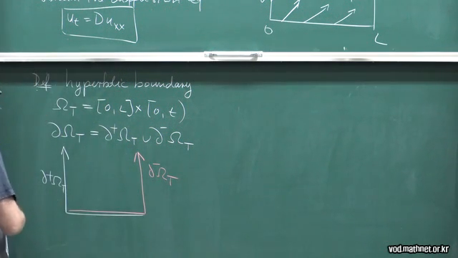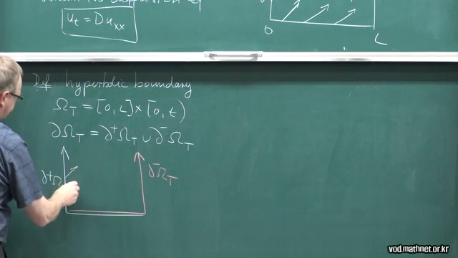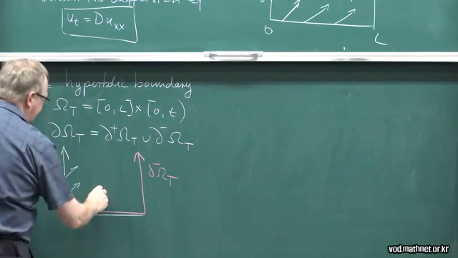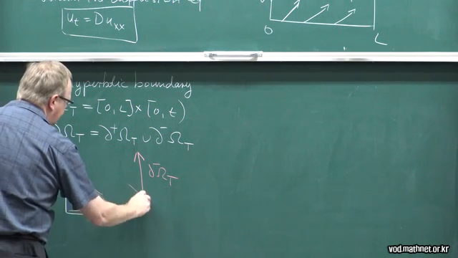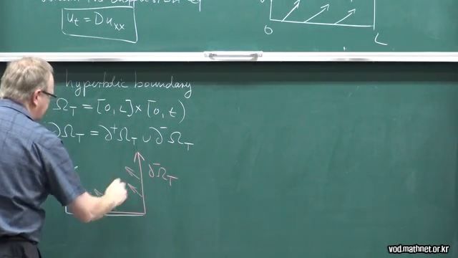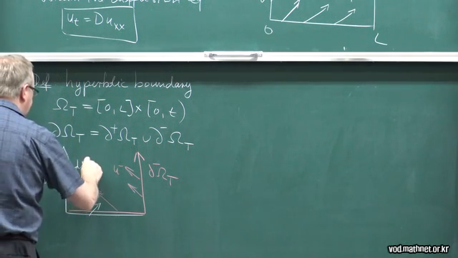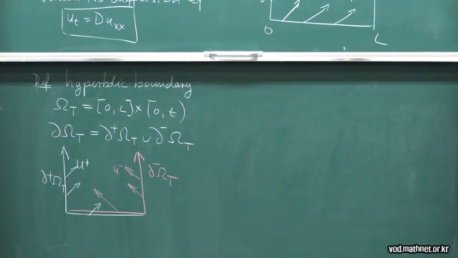On the white outline I can give boundary conditions for the inward pointing characteristics, and on the red bit I give boundary conditions which go to the left. So this would be u minus and this would be u plus. So u minus can be given on the red bit and u plus can be given on the white lines, and together this is the full boundary of the domain.